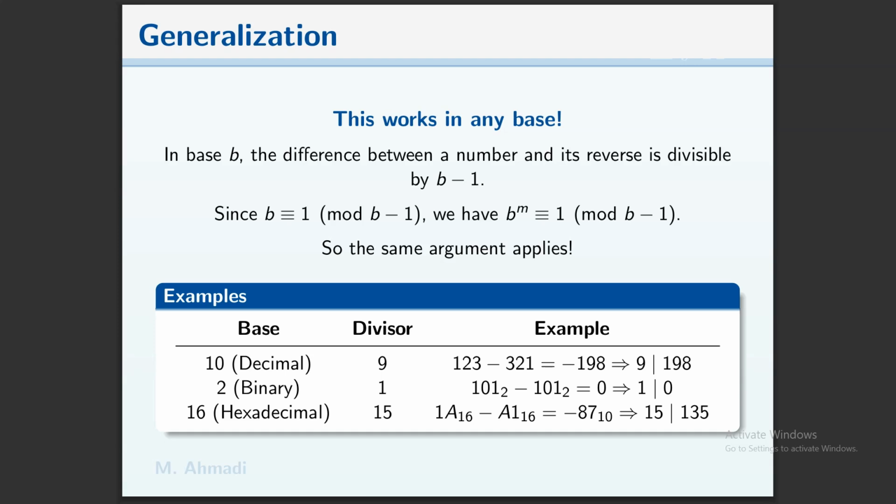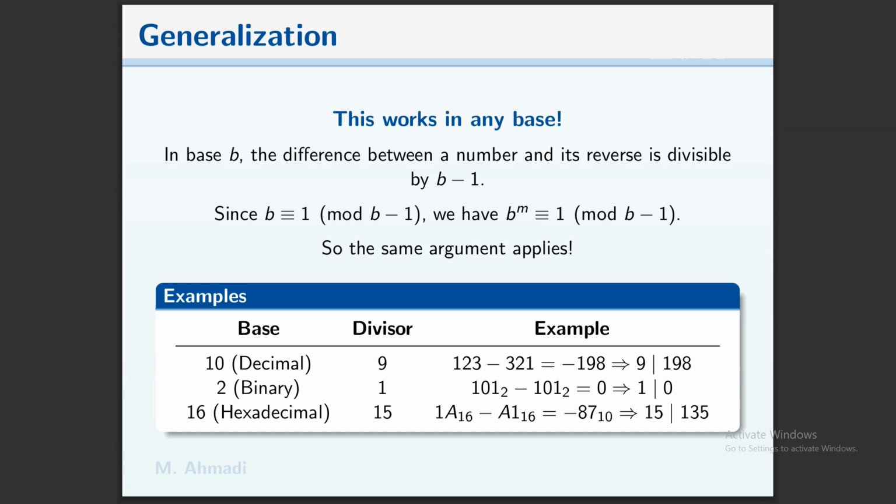For example, 123 minus 321 is equal to minus 198, and we can see that 9 divides 198. In base 2, or binary, the divisor is 1. Here we can see 1 in base 2 minus 1 in base 2 is equal to 0, and 1 also divides 0.